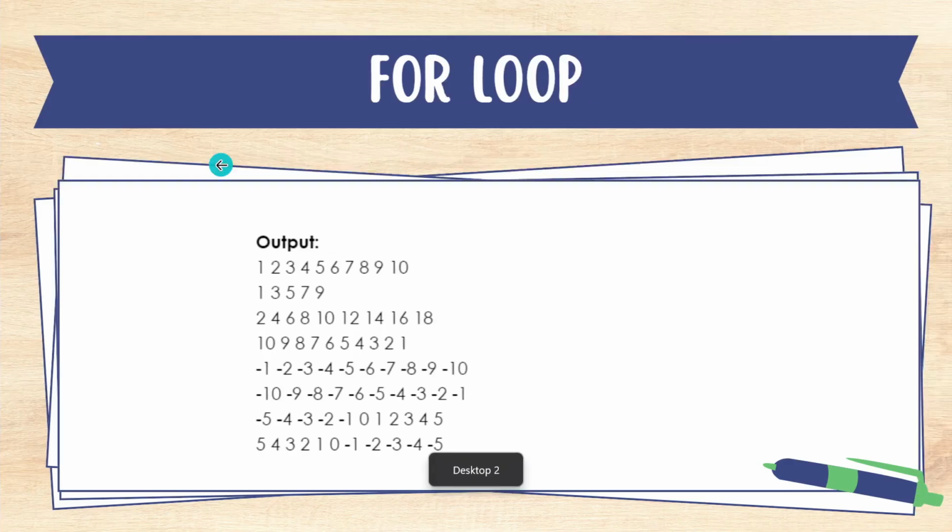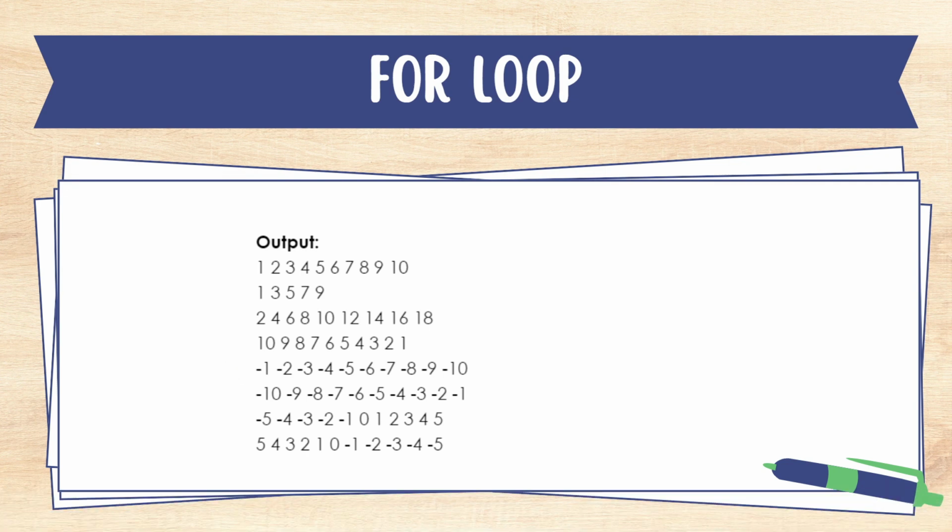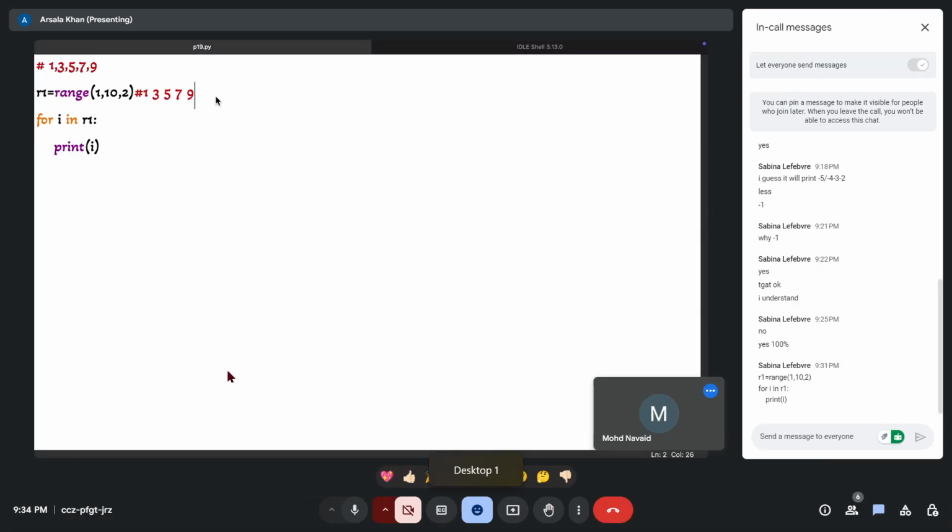Okay, so the next pattern: you have to print even numbers like 2, 4, 6, 8 up to 18. Just write it in a comment first. Okay, delete this code. Delete the entire code first.